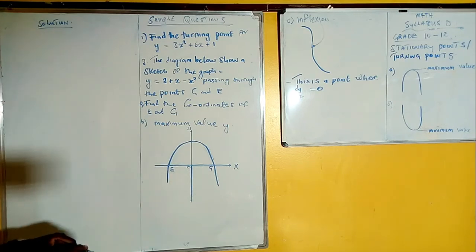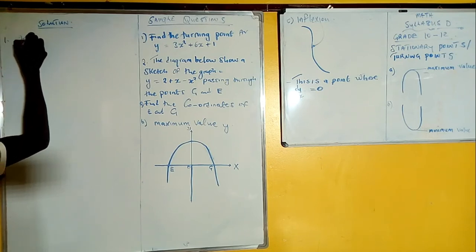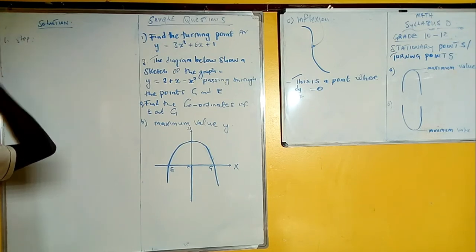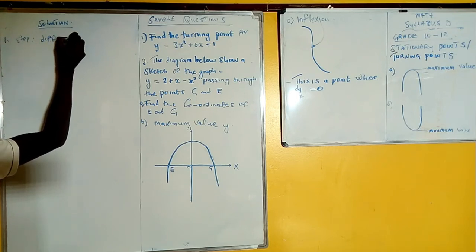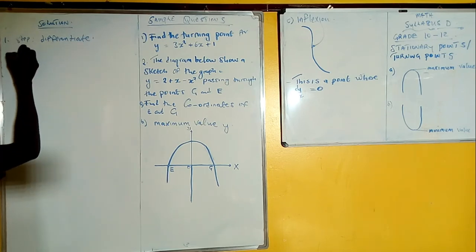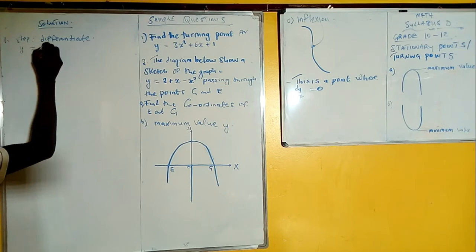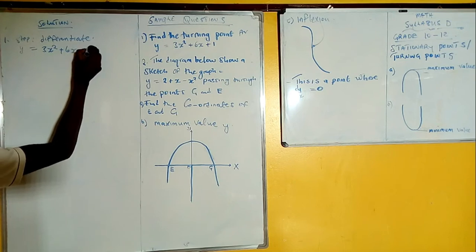So solution, step number 1: you are going to differentiate the given equation. We have y is equal to 3x squared plus 6x plus 1.